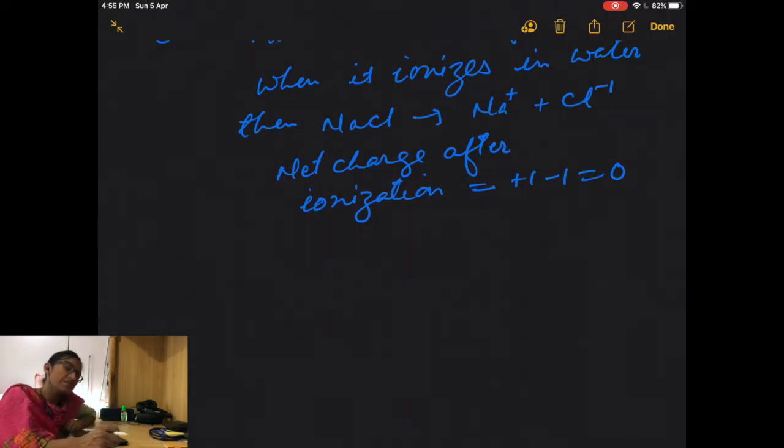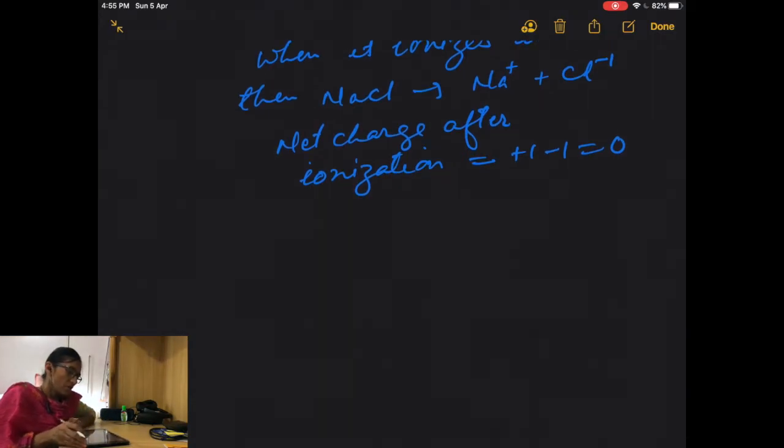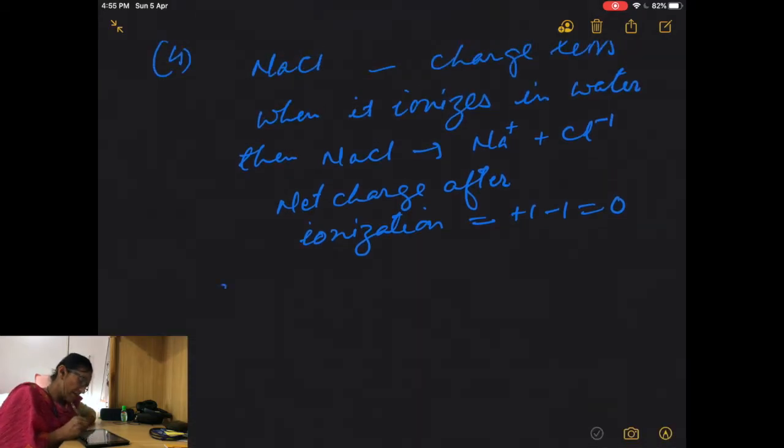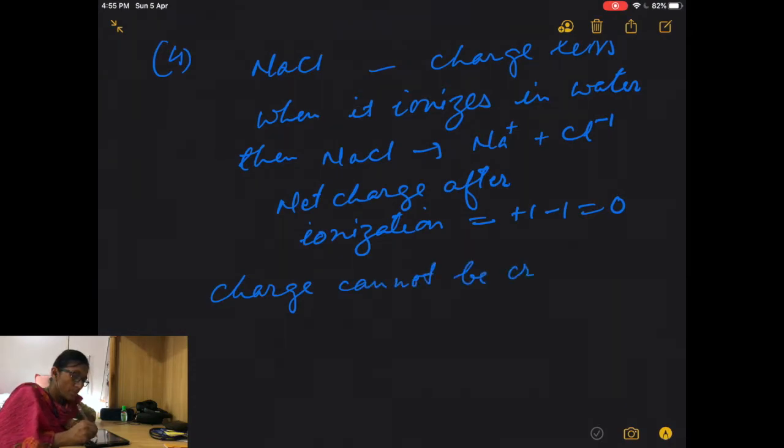Now when charge remains conserved, how can we charge somebody? It can be explained that charge cannot be created, it cannot even be destroyed.